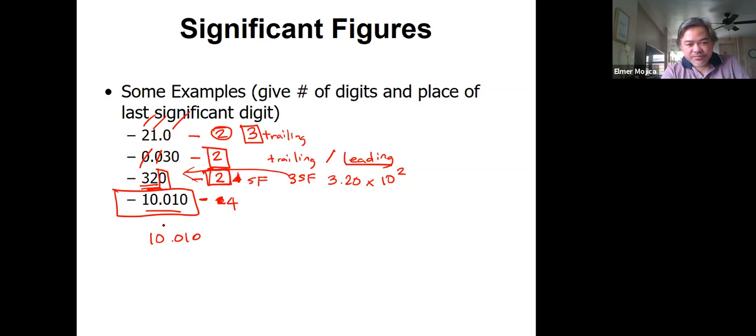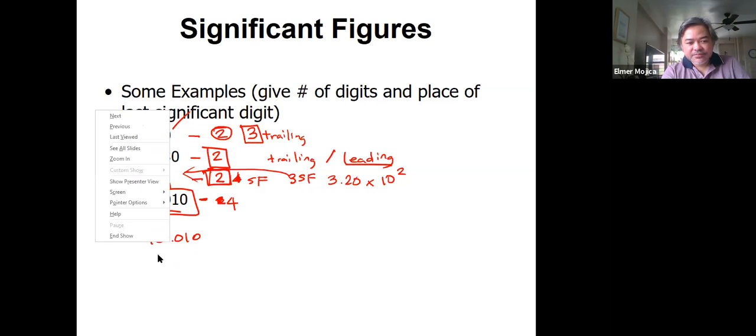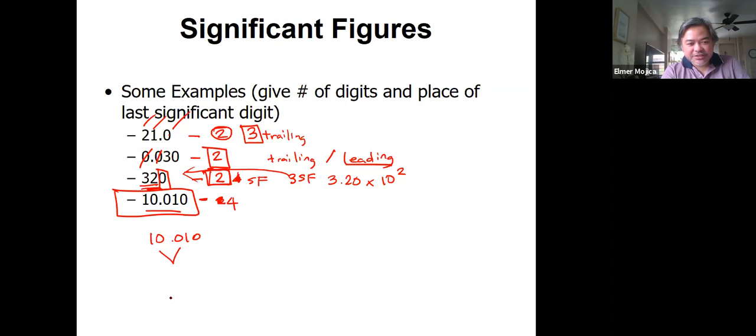Now, is this 0 significant? What types of 0 are these? You have a captive 0, and you have a trailing 0.